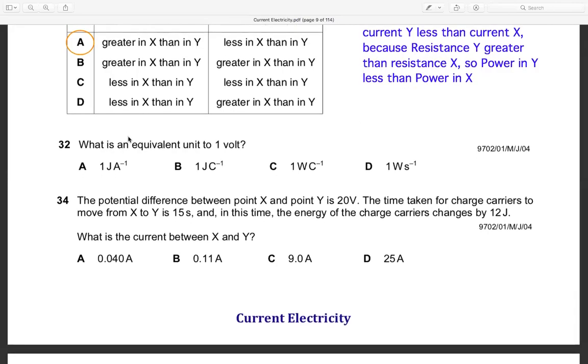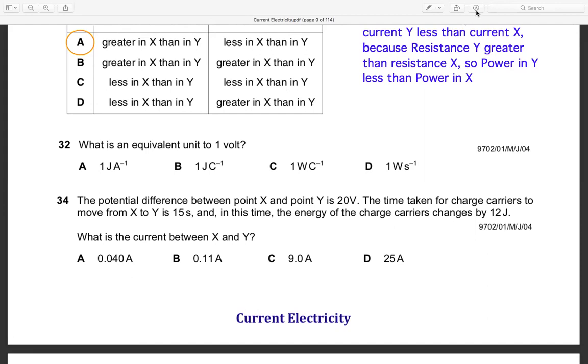Number 32, what is an equivalent of 1 volt? This is actually from Joule's law, hukum Joule.